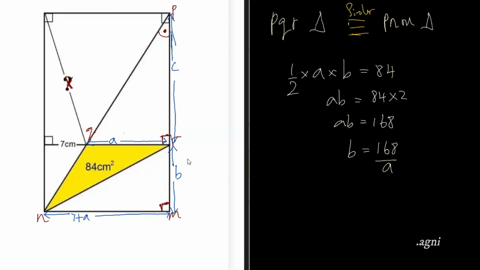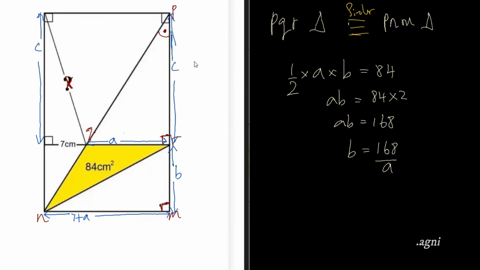So we have this in terms of A. Now, what I'm trying to find is this C, right? If you find C, you can see this right angle triangle, you can apply the Pythagoras theorem and find X. Now, how can you find C?